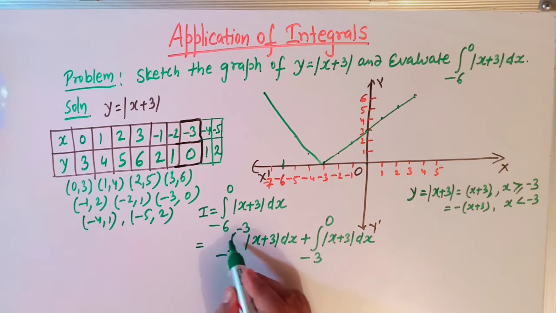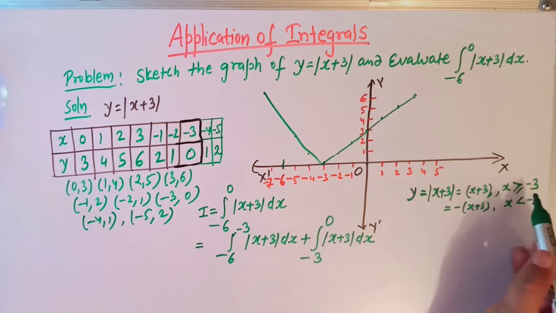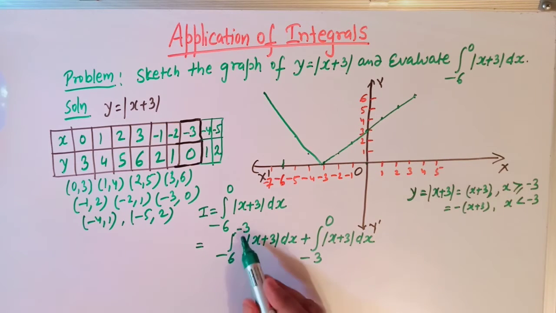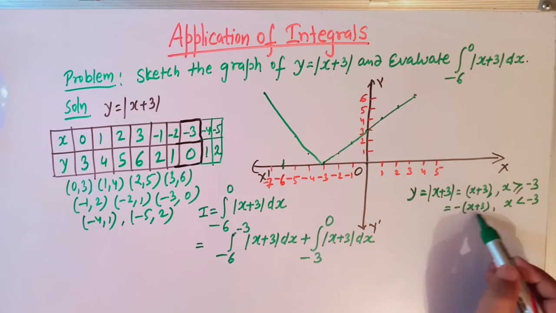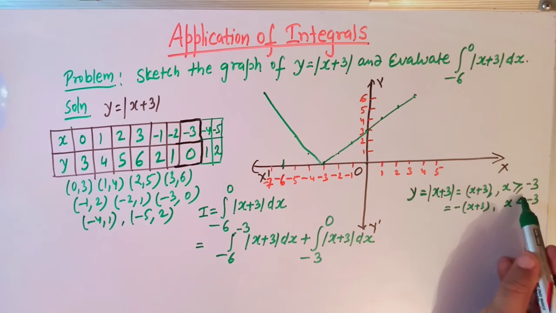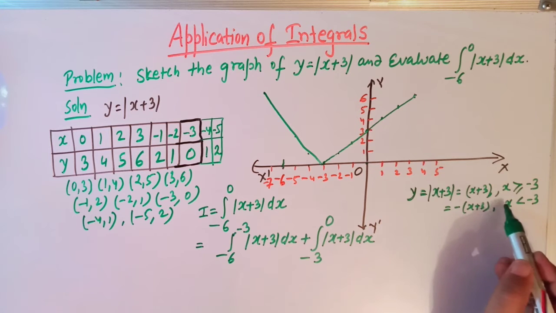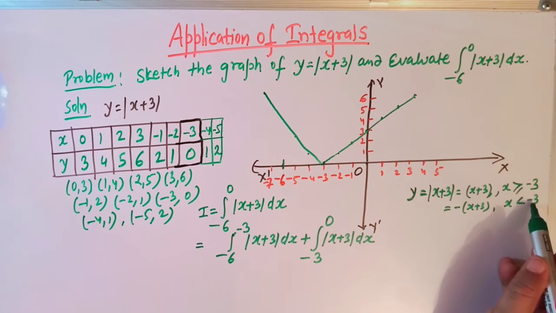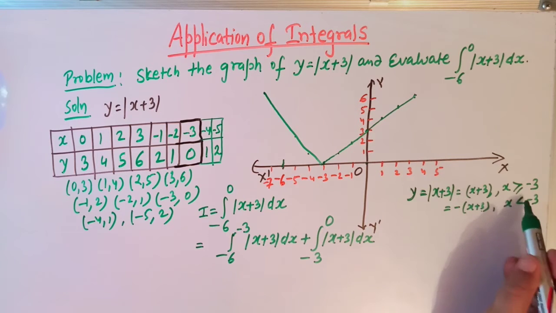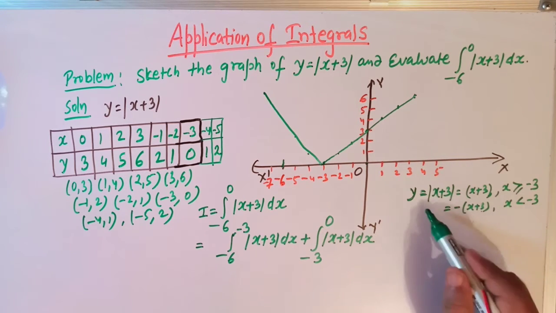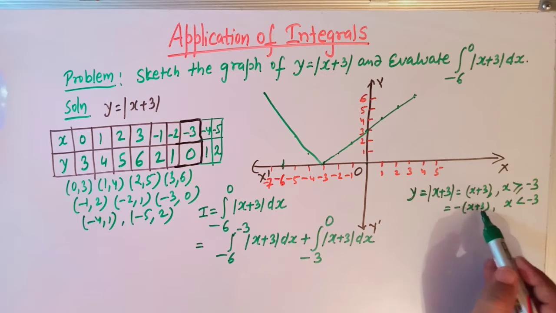Now from minus 6 to minus 3, we will make use of this definition, because whenever x plus 3 is less than 0, y is equal to minus of x plus 3. So when x is less than minus 3, we have y equal to minus of x plus 3.